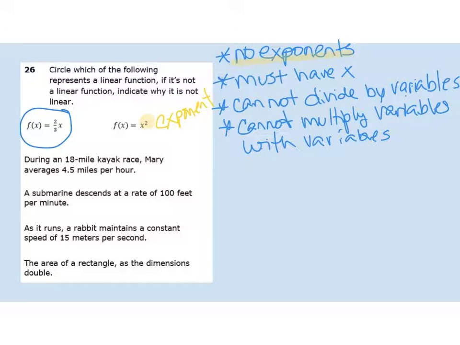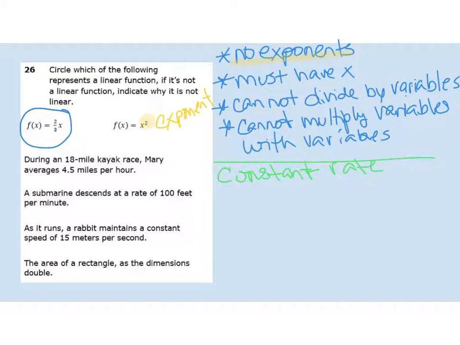Then we go into the verbal part. In looking at the verbal part, there are some key words we want to remember, and those are constant and rate of change. That's telling us that we have the change in y and the change in x, which gives us linear.